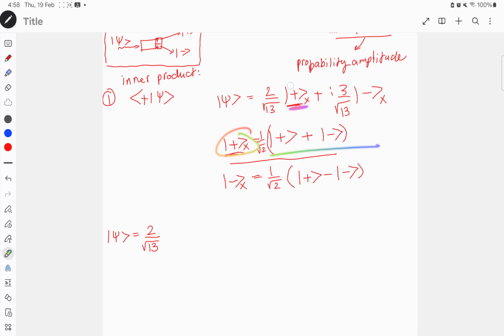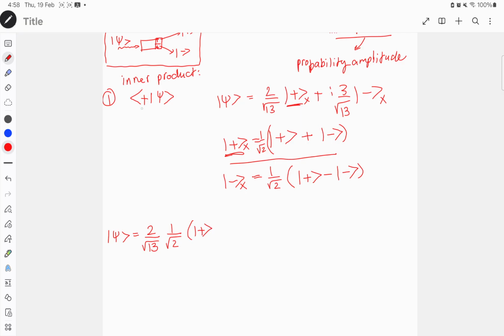Why? Because we want to multiply by the z component, and it's x, so we will write it in terms of z. So 1 over root 2 multiplied by this, plus this one.